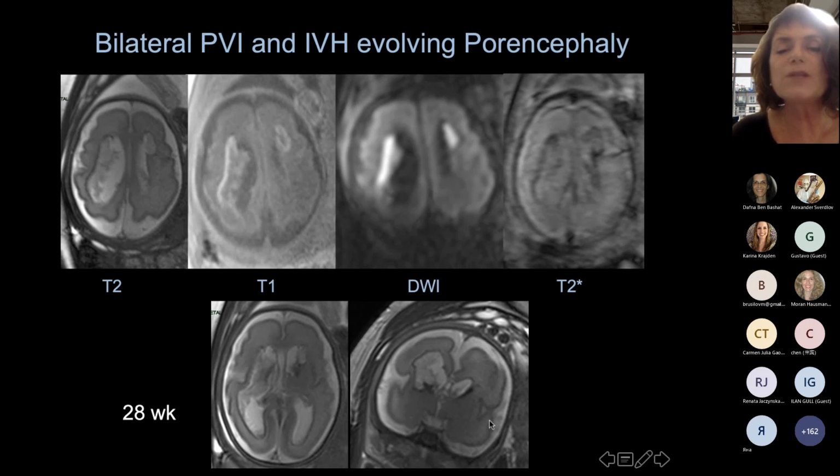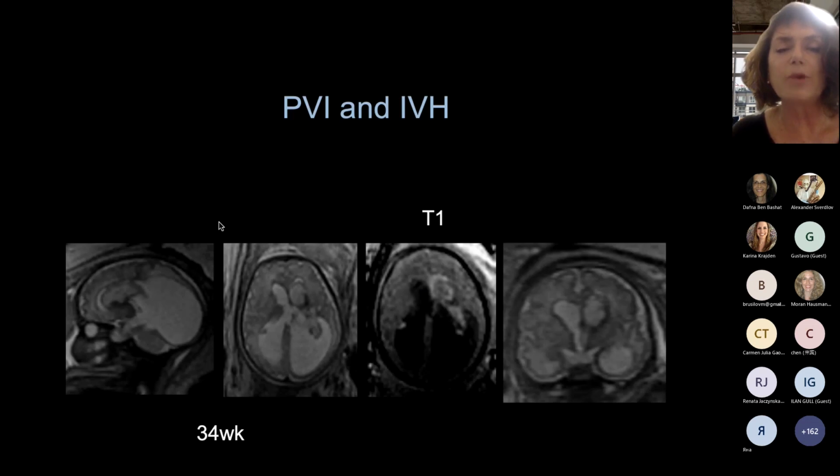But when such a destructive process has happened, we're really thinking about the differential diagnosis that I've previously shown. And I think that this is not really something that is difficult to diagnose. And once the parenchyma is damaged, they all become porencephalic abnormalities.